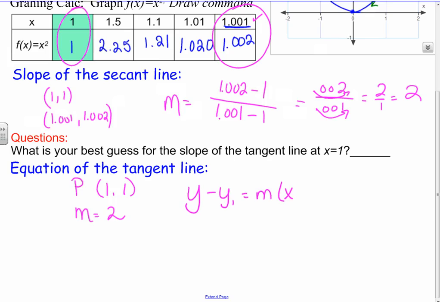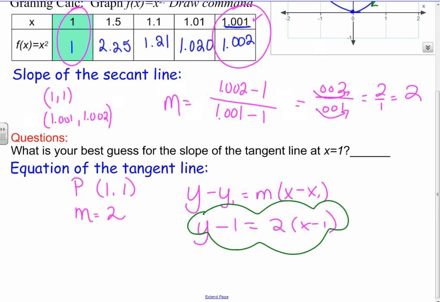Remember, it looks like this. You can look on your notes above where we wrote it down earlier. Fill in the information. And this is my tangent line equation. Pretty easy to follow? I think so.